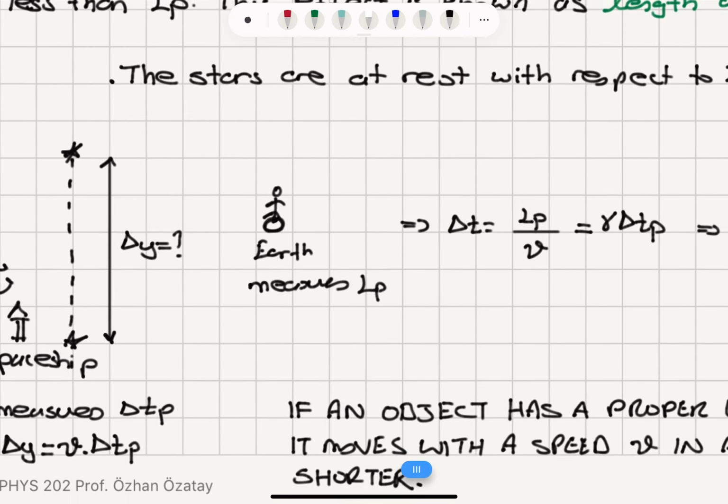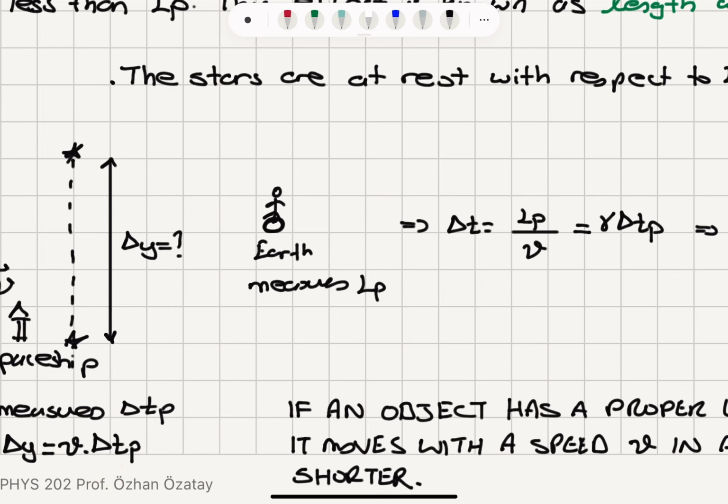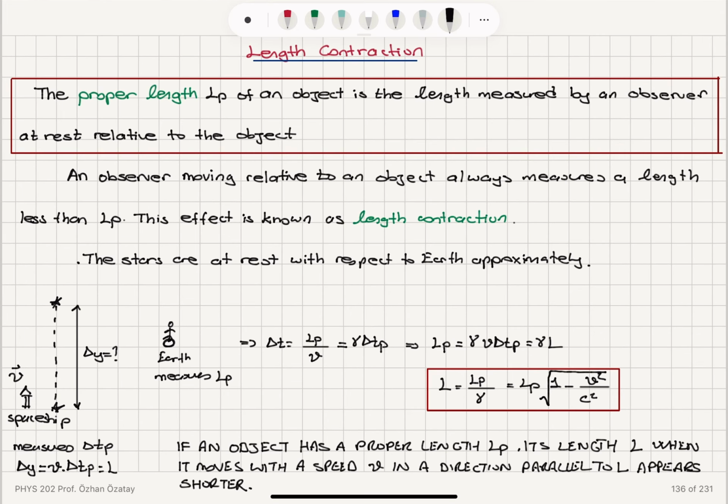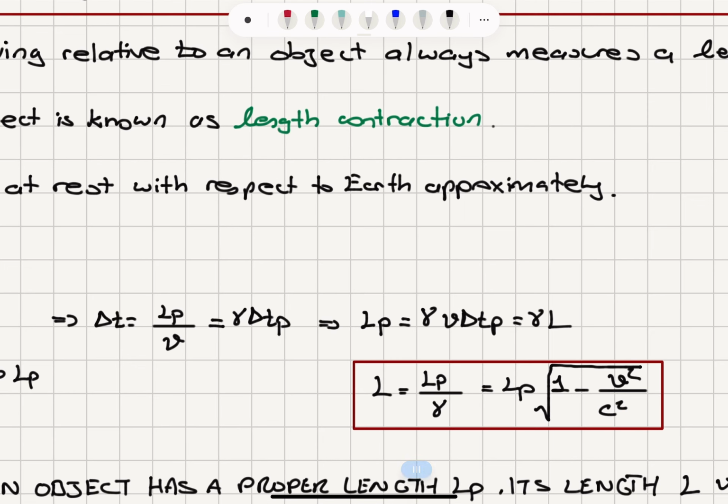Okay, the length measured by the spaceship observer, so this delta y is the length measured by the spaceship observer, is v times delta Tp. For v times delta Tp, we can substitute L, the length measured by the spaceship observer. So we see that the proper length is gamma times L, or L, the length measured by the spaceship observer, is the proper length divided by gamma.